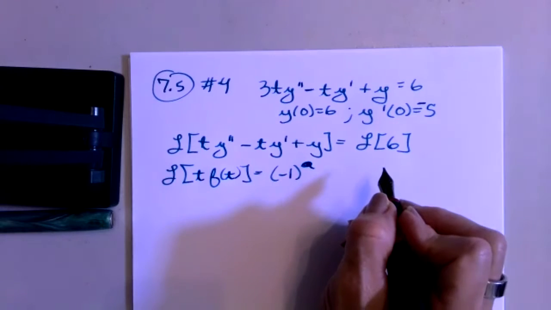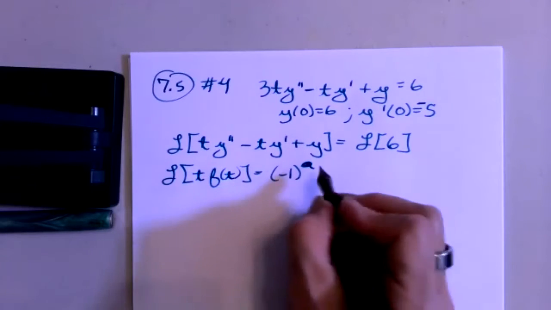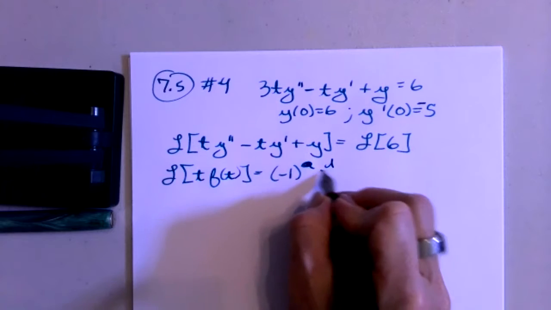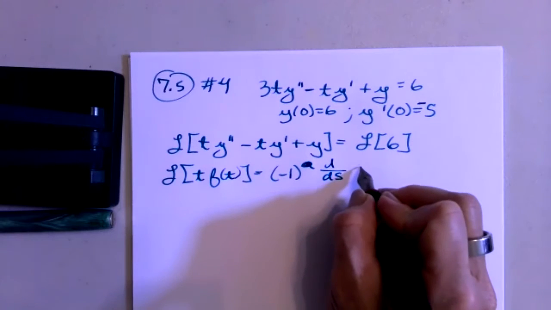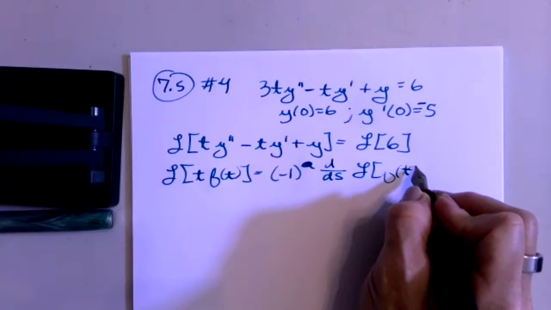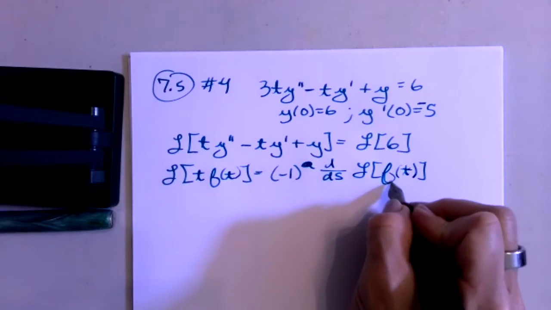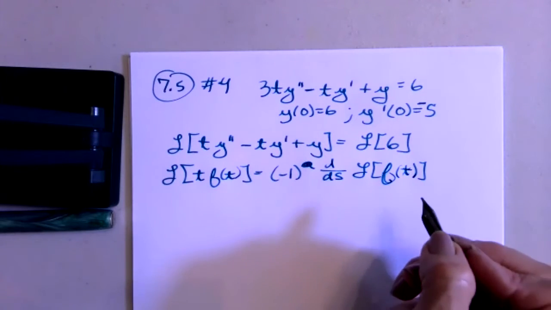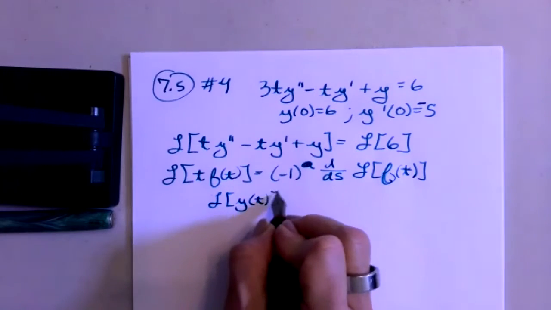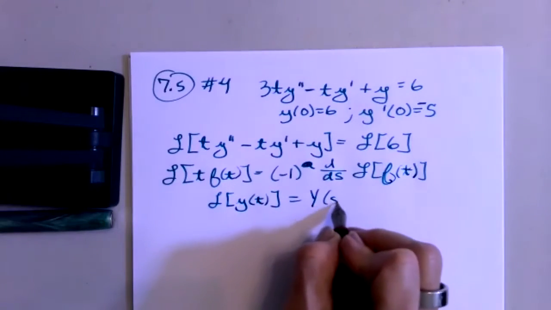I'm just doing that because all we have is a t times these things. So that will be -1 times the first derivative with respect to s of the Laplace transform of f. Okay, so we're going to let the Laplace transform of little y be called capital Y.